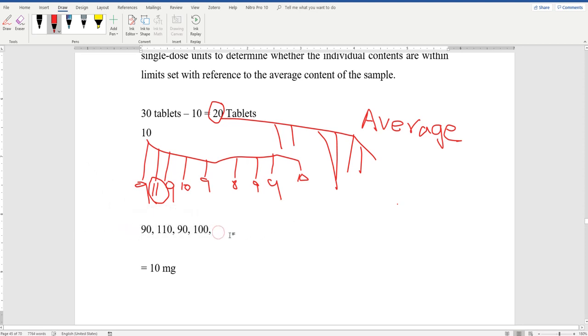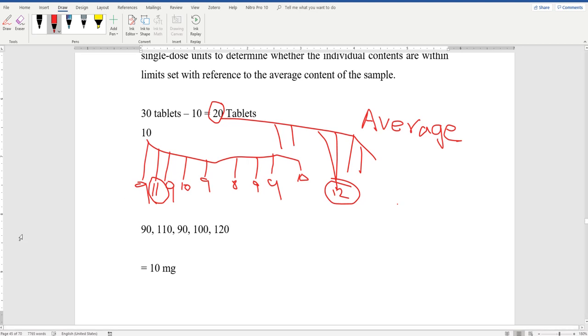Okay, suppose one of the readings here is 12. So if you calculate the percentage of this one, you will have 120, right? 12 divided by 10 multiplied into 100, you have 120.